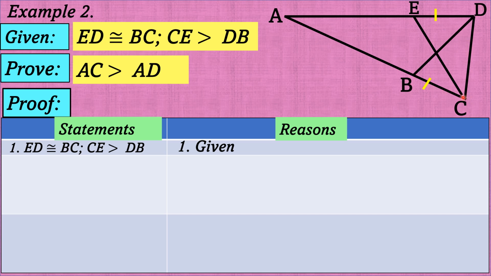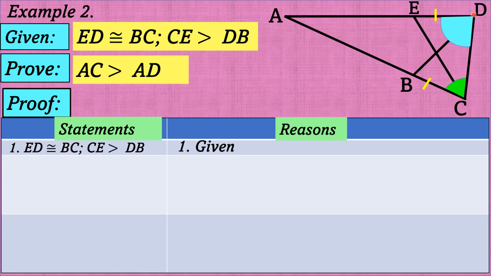So, if side CE is longer than side DB, it means that the angle opposite side CE, which is angle D, has a greater measure of angle than the angle opposite side BD, which is angle C. If CE is longer, the angle opposite that side, which is angle D, has a greater measure of an angle.